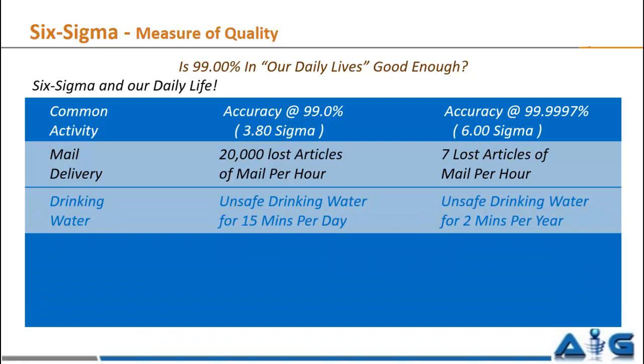If a business process is working at 99% and the process is about catering drinking water to people, potentially you could have unsafe drinking water for 15 minutes every day. While if it is performing at 6 sigma on 99.9997% correctness, you are looking at unsafe drinking water for 2 minutes per year.